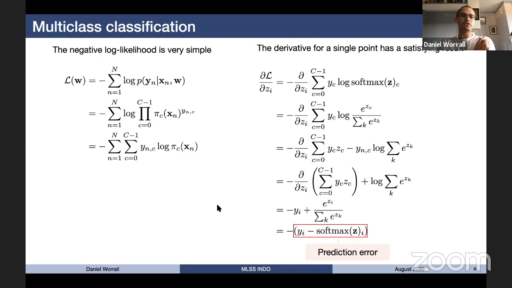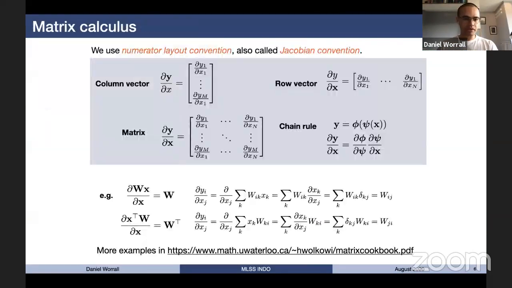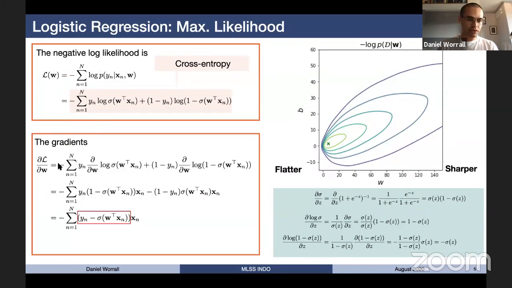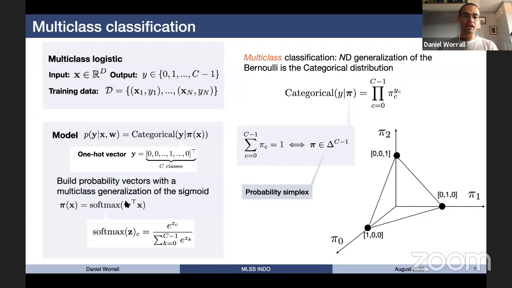Okay, if you do all of your gradients and stuff, you end up with something like before, where you have a prediction error here. We don't need to spend too much time on that. You work out your gradients, and we want to set your gradients equal to 0 and solve for your parameters W for both the binary classification case and the multi-class classification case.